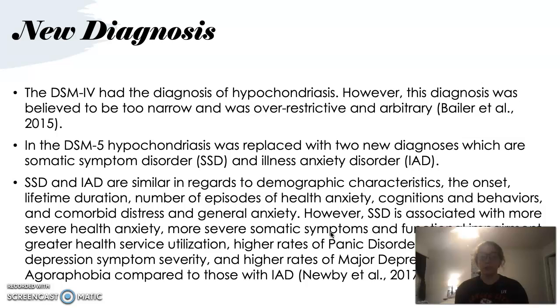So they're pretty similar, but SSD is associated with more severe health anxiety, more severe somatic symptoms and functional impairment, greater health service utilization, higher rates of panic disorder, more severe depression symptom severity, and higher rates of major depressive disorder and agoraphobia compared to those with IAD. So basically, somatic symptom disorder is a more severe diagnosis compared to the IAD.